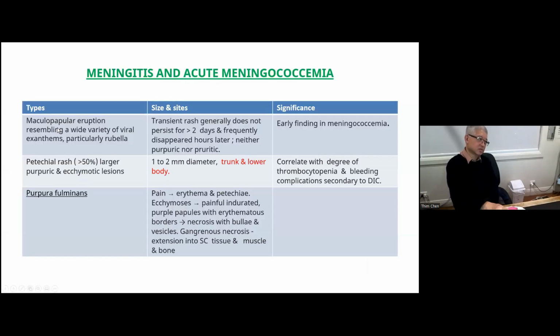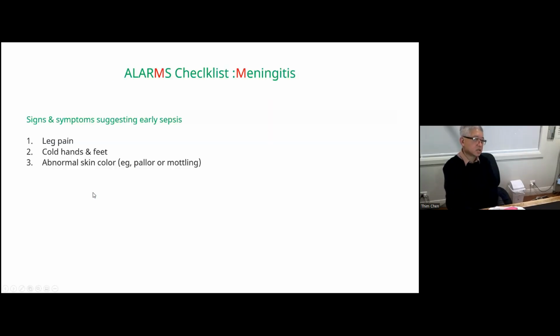There are 3 types of rashes. The rashes can be macular-papular, resembling rubella. See that? It's transient, so it's an early finding in meningococcemia. And also petechial rashes are seen on the trunk. And this is the late stage where there's purpura fulminans. But the most important signs suggesting early sepsis, these are the most important questions if you suspect meningitis.